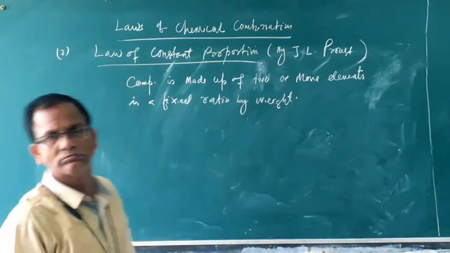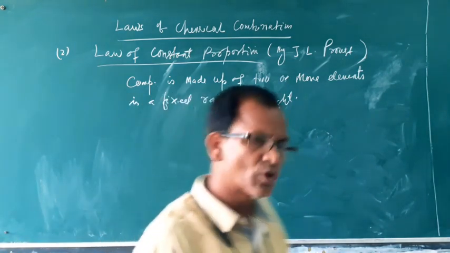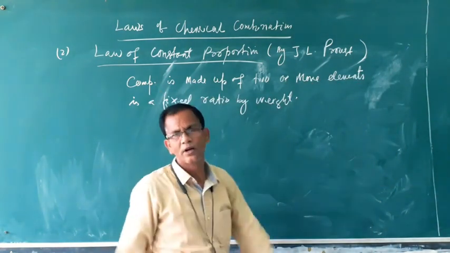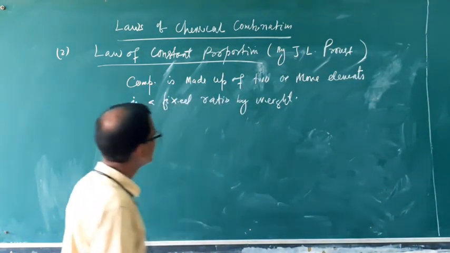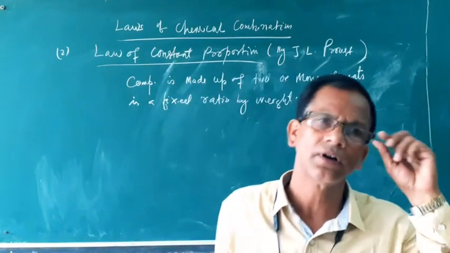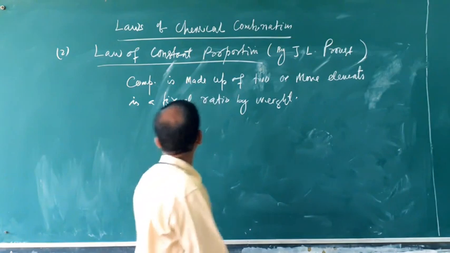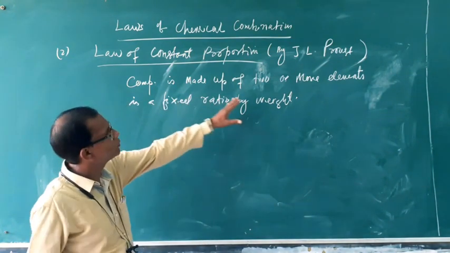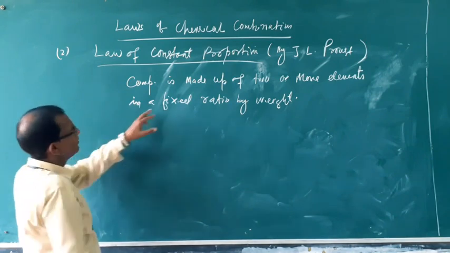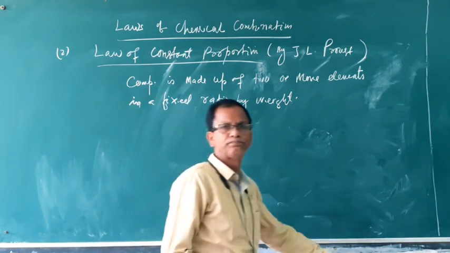This law is also called the definition of a compound. This law also satisfies the definition of a compound: a compound is made of two or more elements in a fixed ratio by weight.